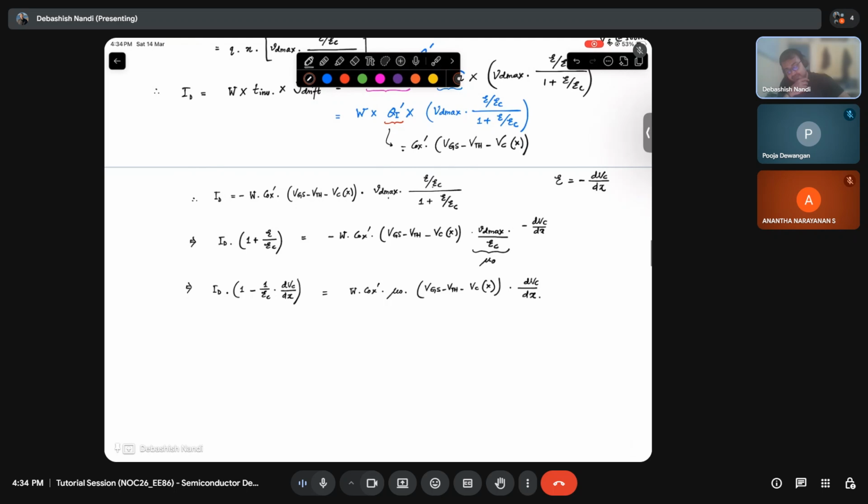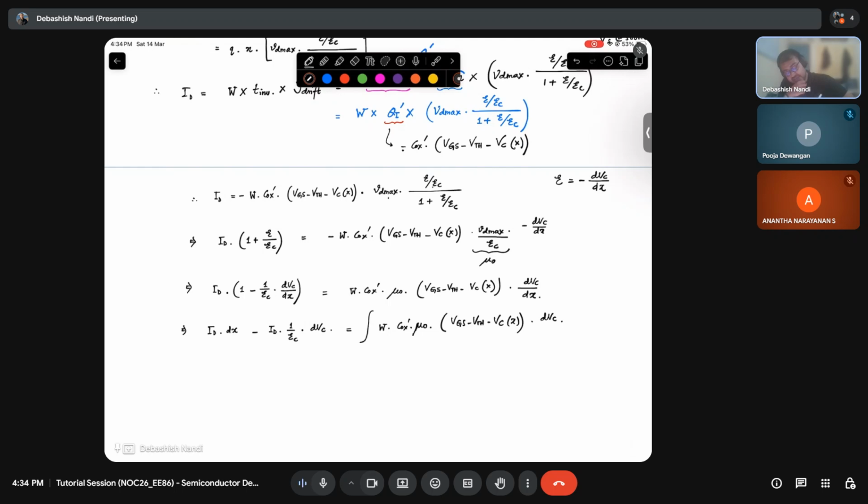You can simply multiply everything with dx. So you will have ID times dx, then you will have ID times 1 over EC dVc, equal to W Cox mu 0 times VGS minus VTH minus channel voltage times dVc.